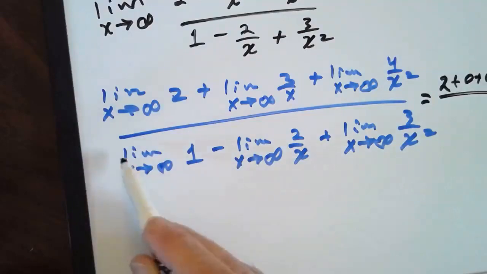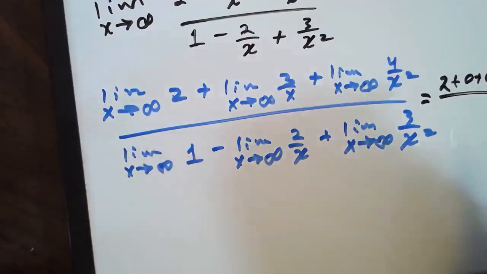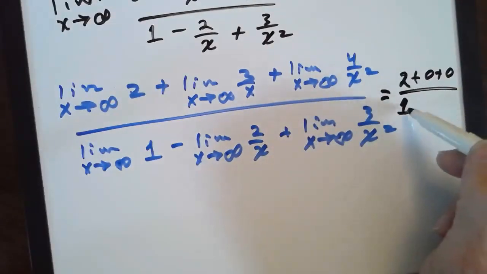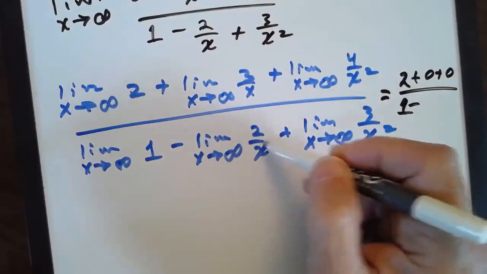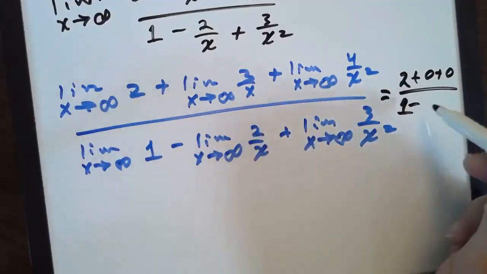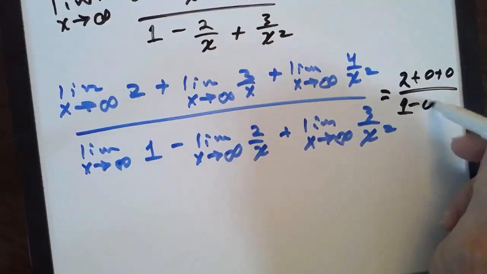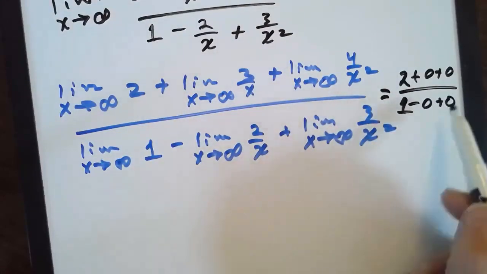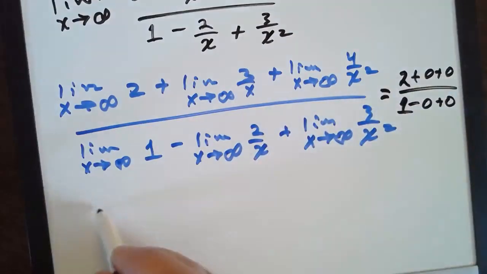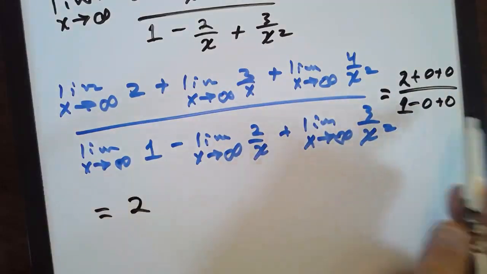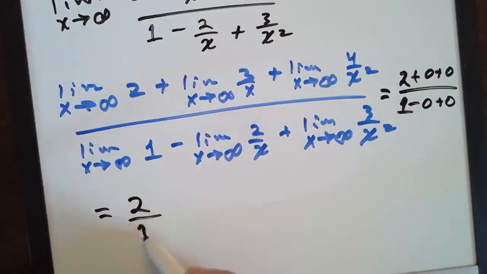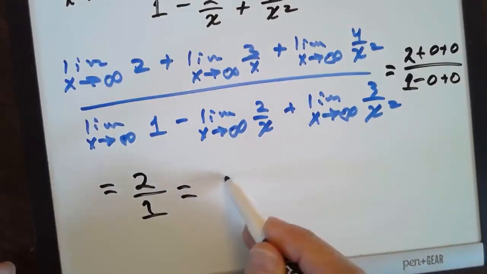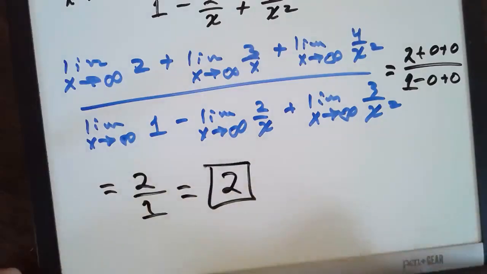Now the denominator: the limit of a constant is still just 1, minus the limit of 2 over x, which tends towards 0, and the same for the third term, 3 over x squared, which tends towards 0. So 2 plus 0 equals 2, and 1 minus 0 plus 0 is 1. So our limit is 2.